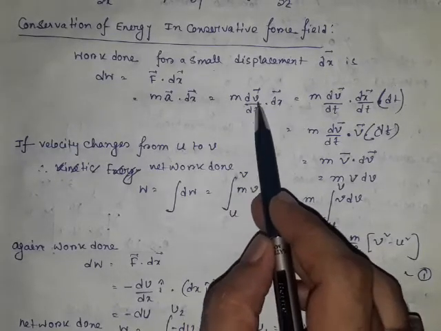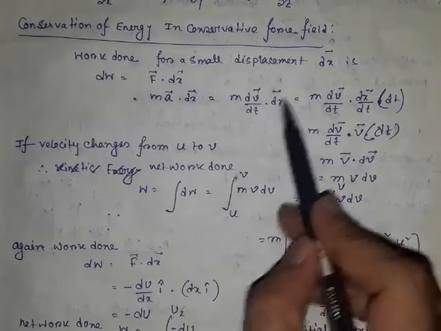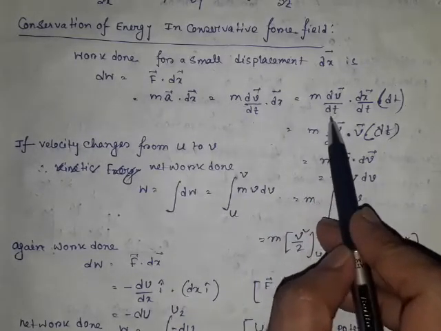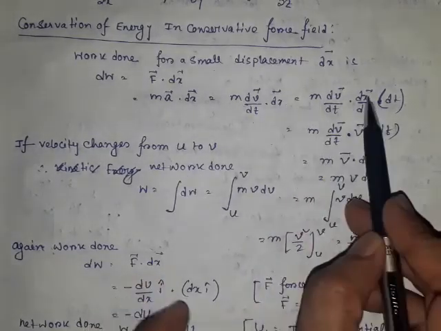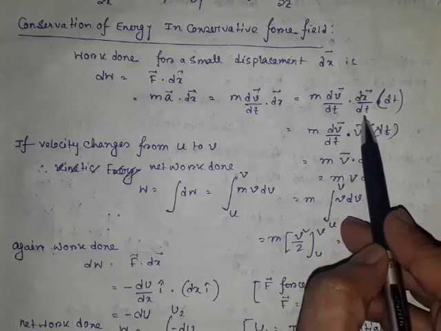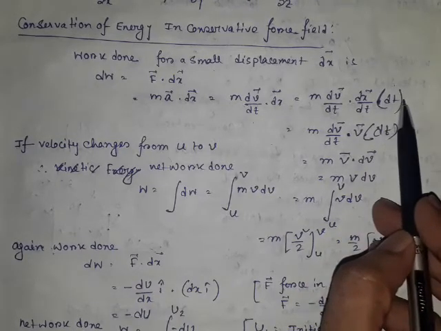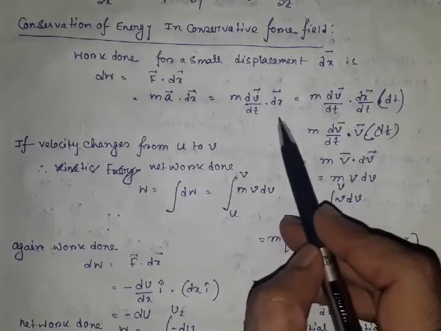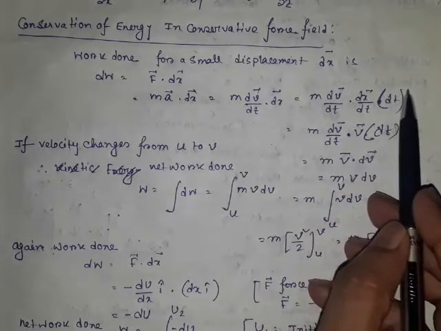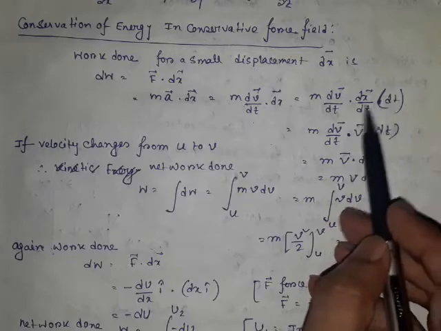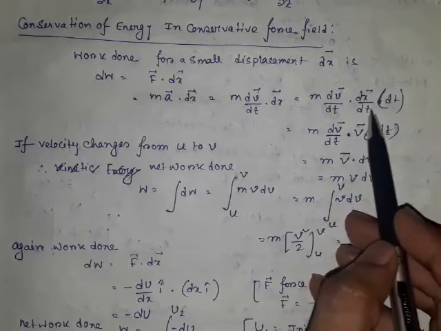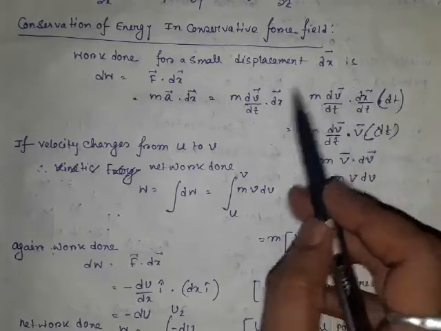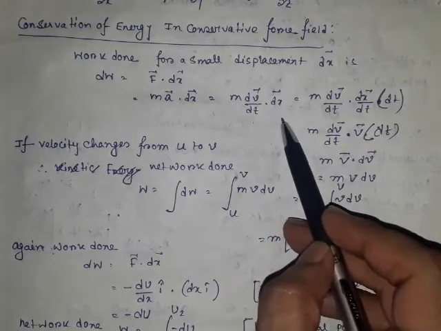So m dv/dt dot dx. Now we can divide by dt and multiply by dt, so that they cancel each other and you get this term again.